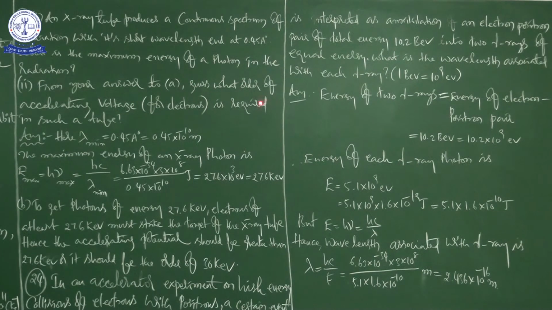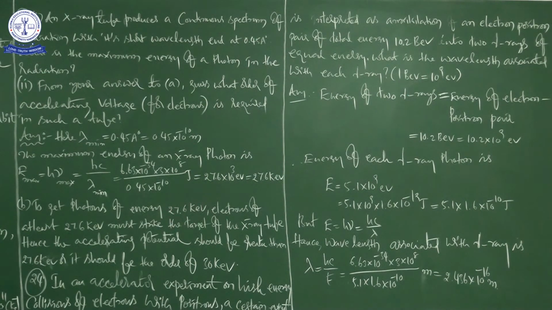He is asking, from your answer A, guess what order of accelerating voltage is required in such a tube. So 30 kilo electron volt is the order of accelerating voltage required.